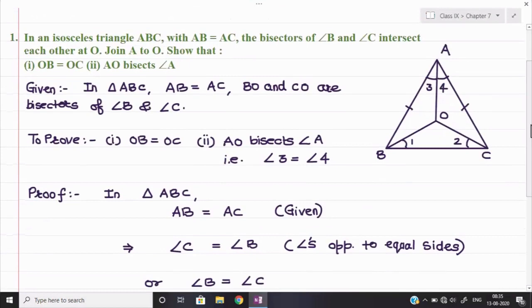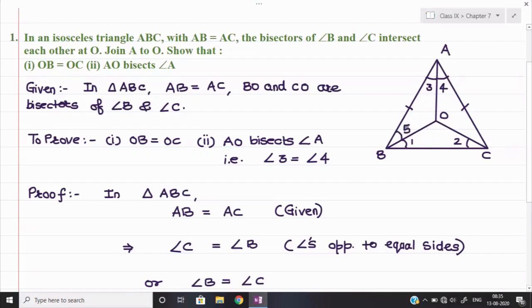Okay, now try to understand, if BO is bisecting the angle B, then we can say that BO is dividing the angle B into two equal parts. You are seeing angle 1 as one part, and above angle 1, suppose I mark one more angle, actually we don't require this angle, but suppose I mark this angle as 5.